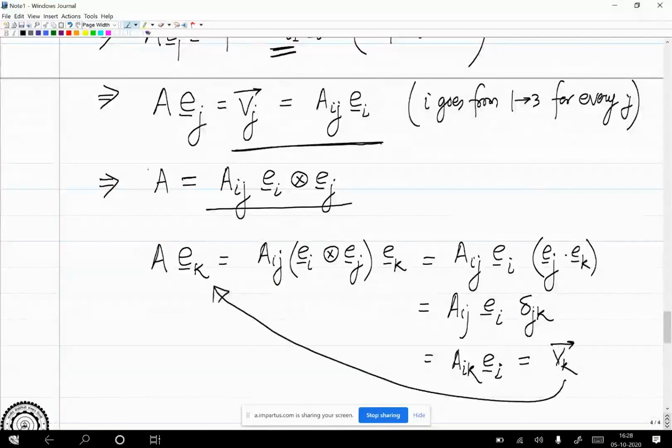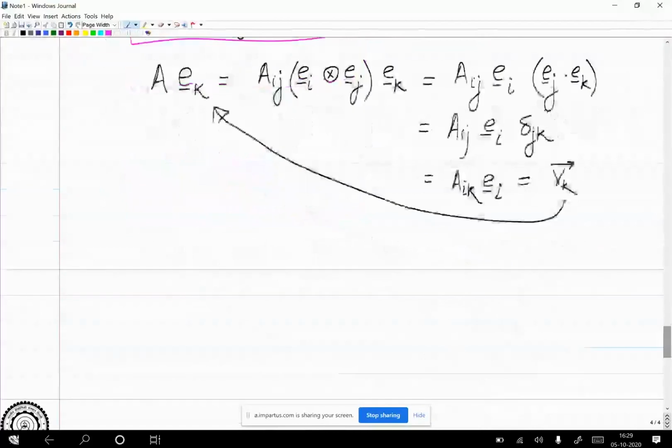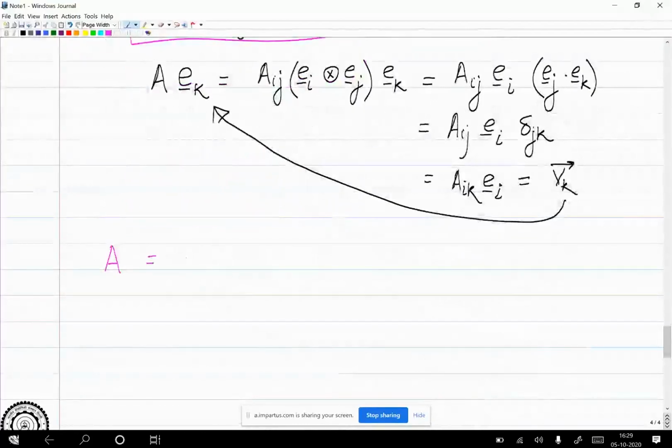So what we assumed for A, we have proved that it is indeed fine. So this linear transformation is of this form: A equal to Aij Ei tensor product Ej.